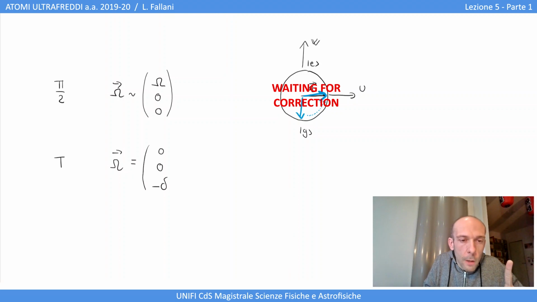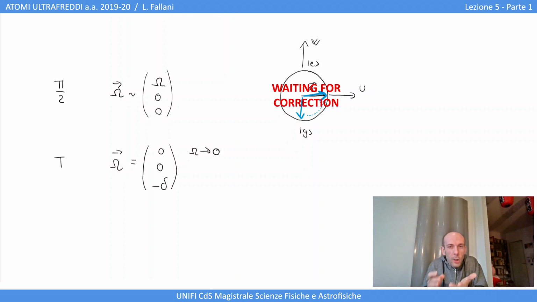So if you're not comfortable with that, just suppose to have a finite omega, but infinitesimal. So some infinitesimal value of omega. So that means that the field is there, but with an infinitesimal amplitude. And so what is important now is just the phase of the field. The phase of the field, so the speed of rotation of the field, is inside this delta term.